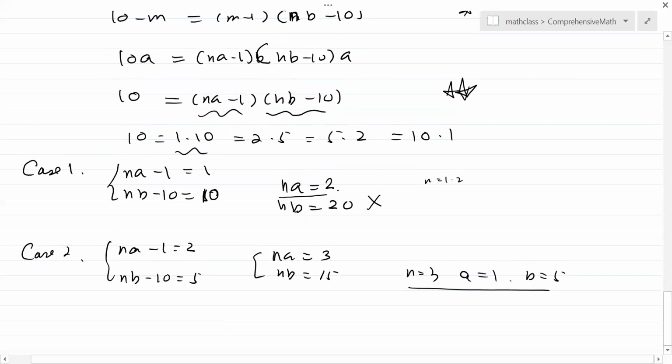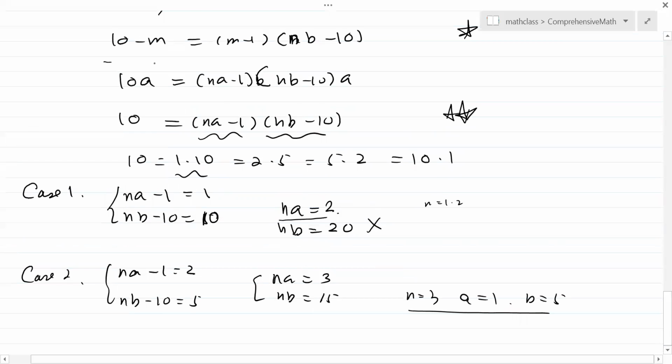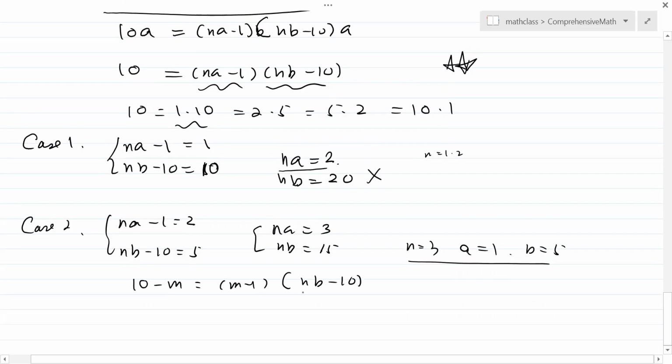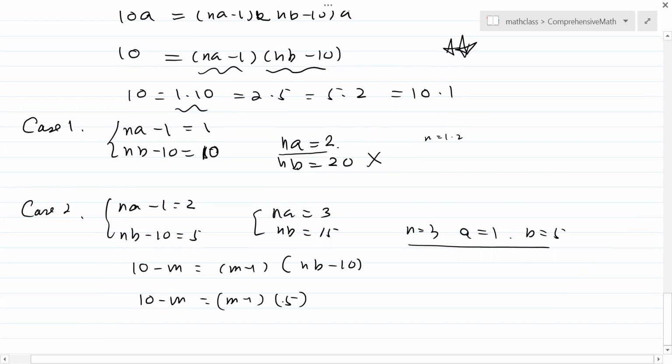But you have to find out by using this equation. This equation tells you nb minus 10, so nb is 15, so that's a 5. And what is the possible value for m? What is the possible value for n?